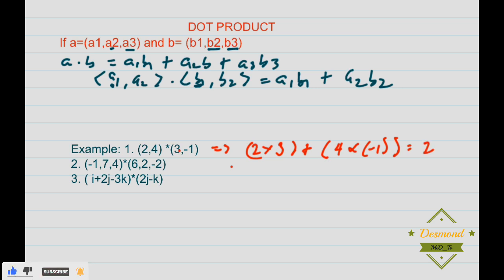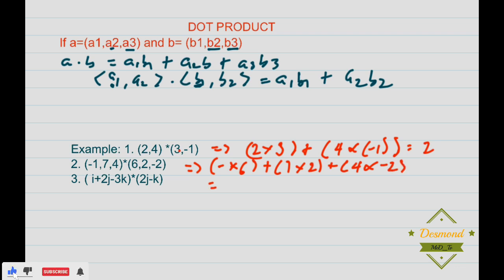Now you can try example 2 and see what you can get. Let's say we have (-1, 7, 4) multiplying (6, 2, -2). Multiplying each component, we get -1 times 6, plus 7 times 2, plus 4 times -2.